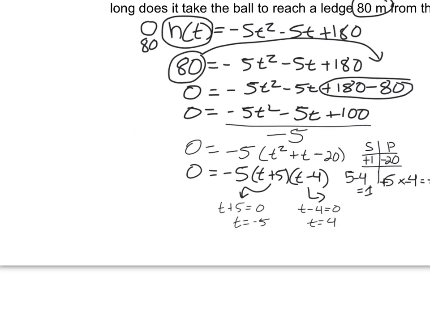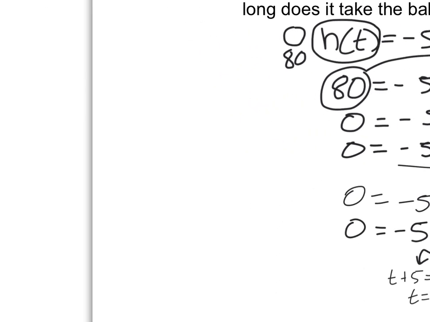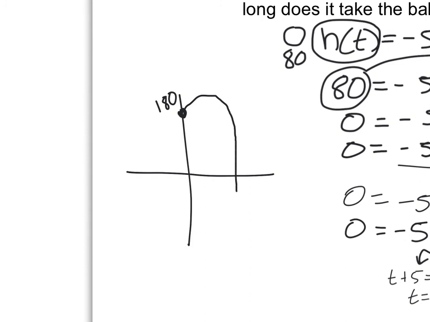If we look at a picture of this, like a graph, we're sitting at 180 meters. And then the ball goes off the cliff. And it's asking me to solve for the time that the ball's at 80 meters, and how long this time is.